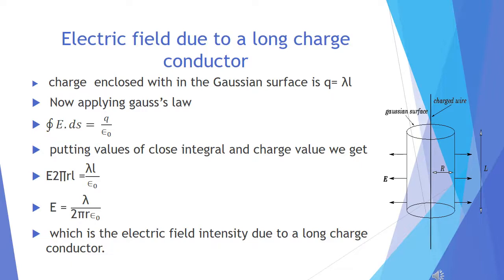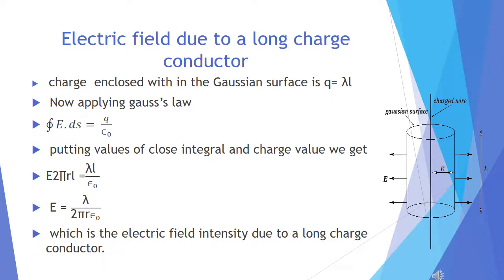Now apply Gauss theorem, which tells us that closed integral E dot dS equals Q upon epsilon naught. Putting in the value of closed integral E dot dS, which is E times 2 pi R L, and the charge is lambda L upon epsilon naught.